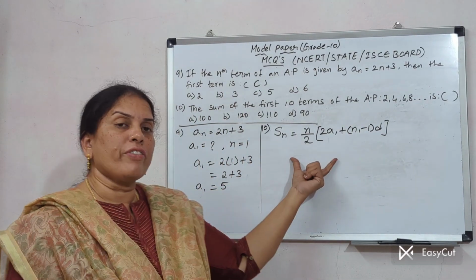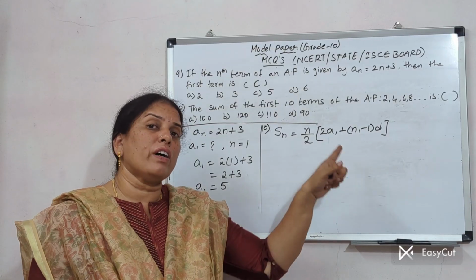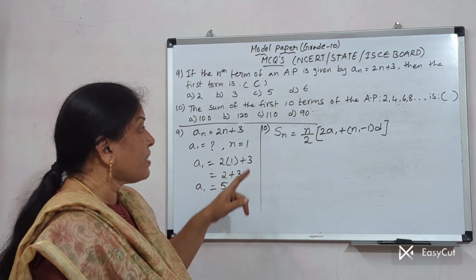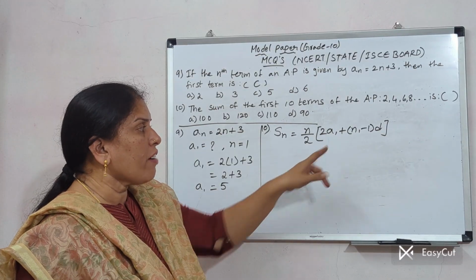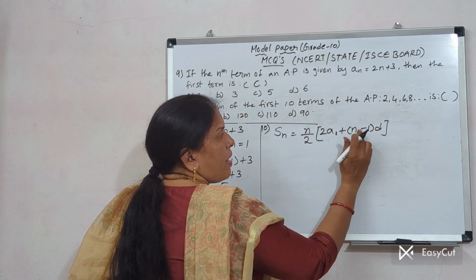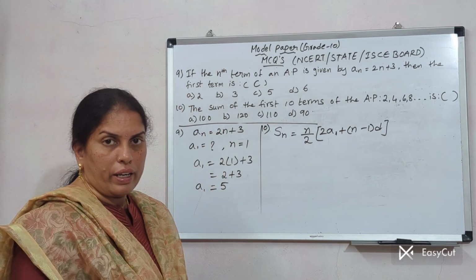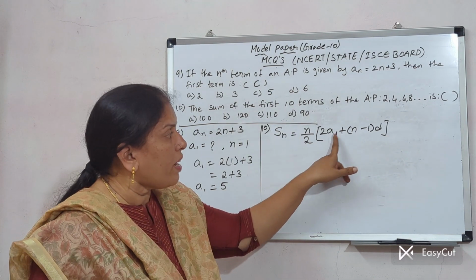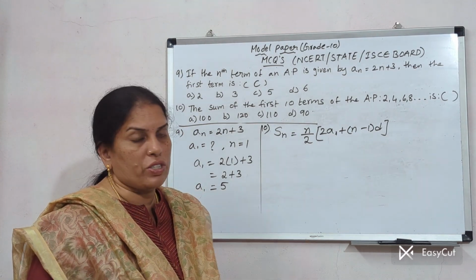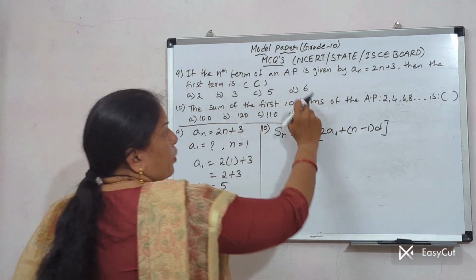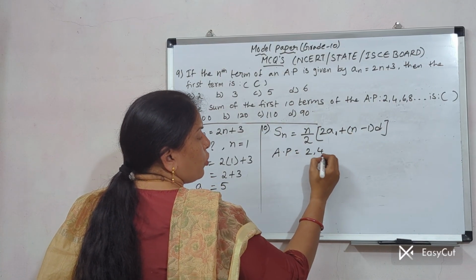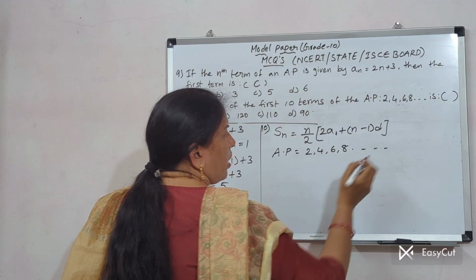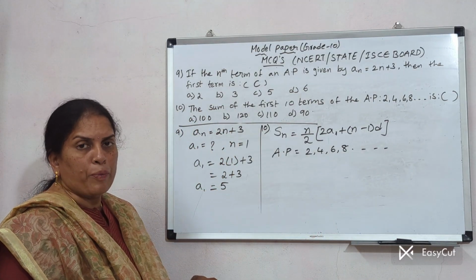This is the formula for finding the sum of the first n terms. See here in the question, what is a1, what is n and what is d, you must write down. What is the arithmetic progression they have given? 2, 4, 6, 8, and so on.